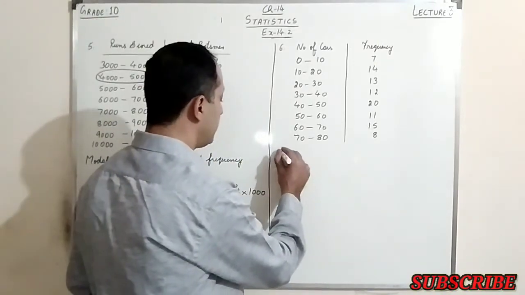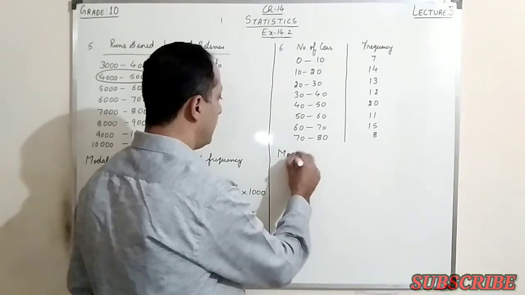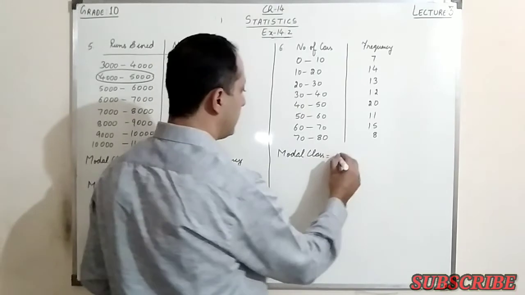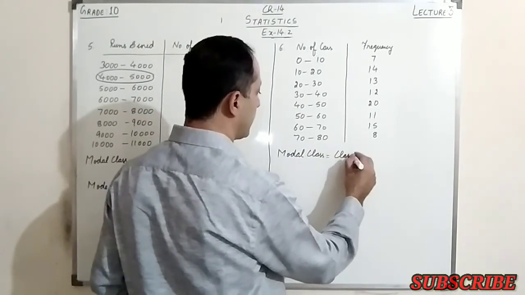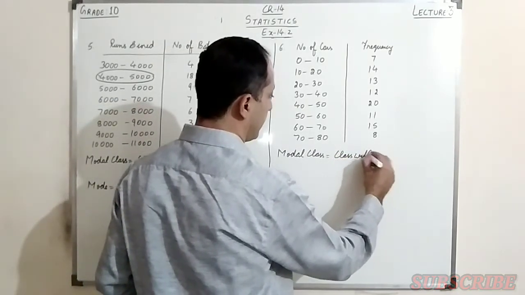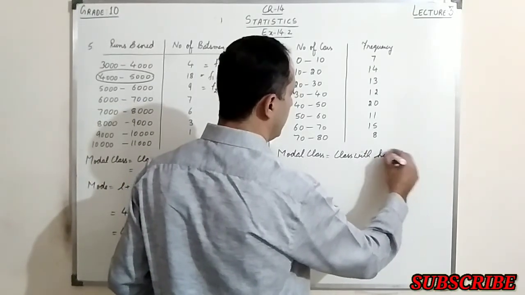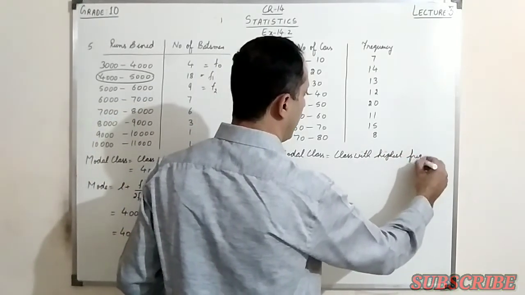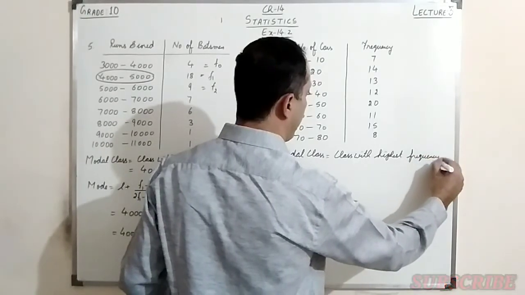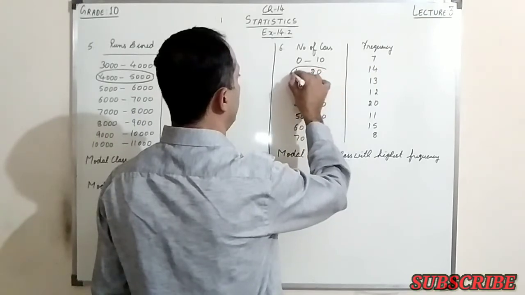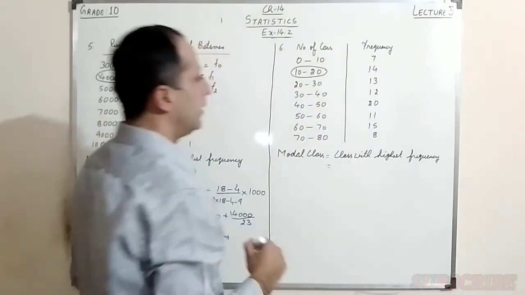Now the first step is to find the modal class, that is equal to the class with the highest frequency, and that is this class, that is 10 to 20.